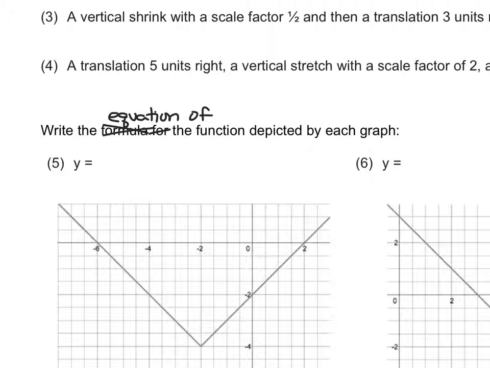Write the equation of the function depicted by each graph. The formula itself is f of x equals a times the absolute value of x minus h, plus k.